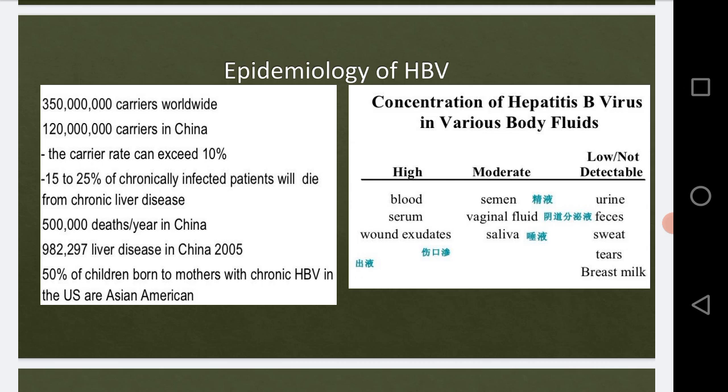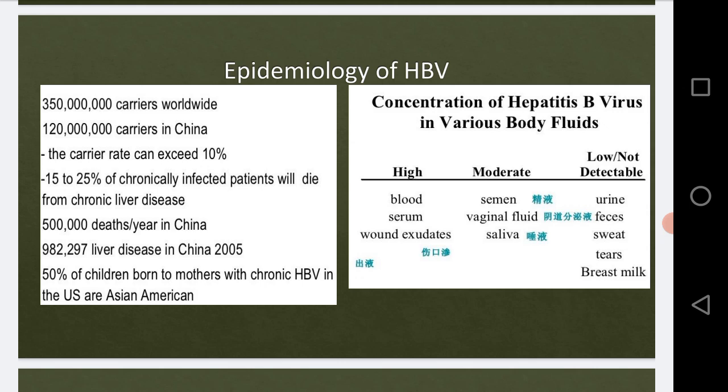By sexual contact the moderate virus concentration will be transmitted, and low virus concentration or not detectable virus particles are present in urine, feces, sweat, tears and breast milk.